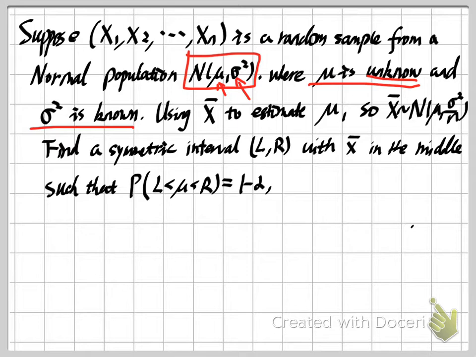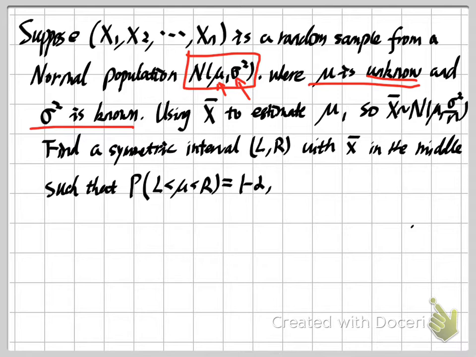Because we don't know the true value of our population mean, what we want to do first is use point estimation to give an estimator of this value.